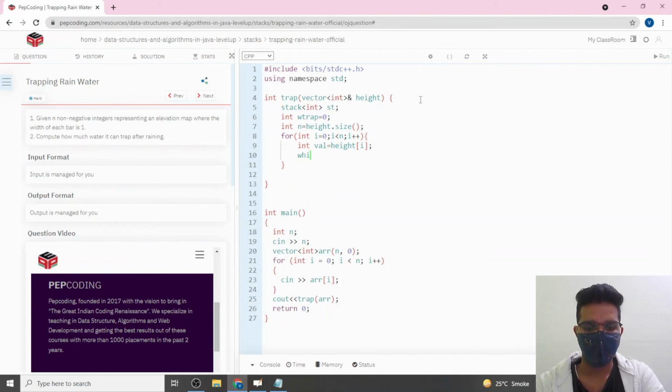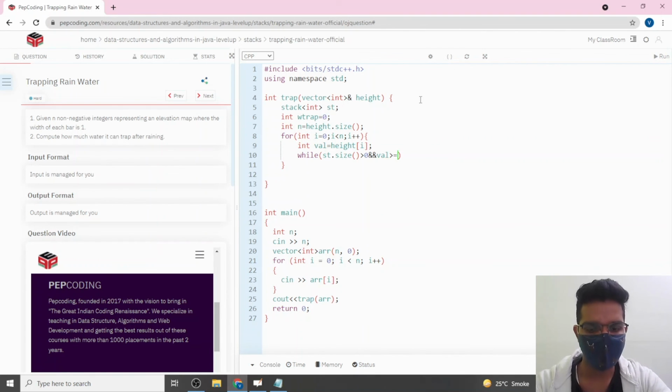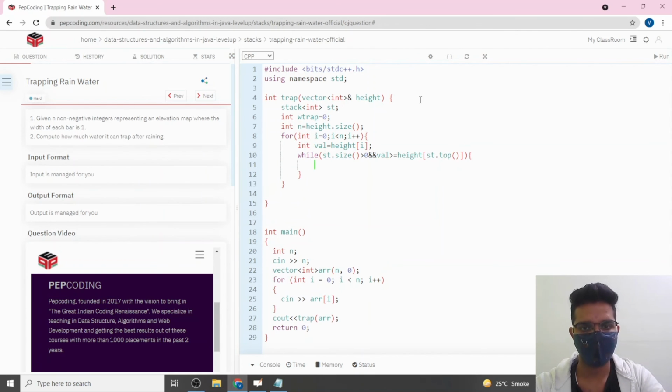Now first while stack dot size is greater than 0, and now the important part, if your value is greater or equal to, that means that it is your next greater element. So its value is greater than the top of your stack, st dot top. If that's the case, then your next greater right is going to be your i.